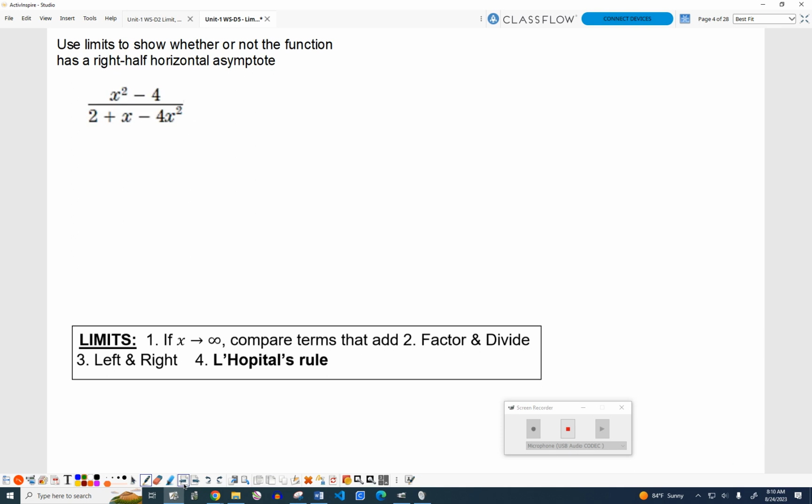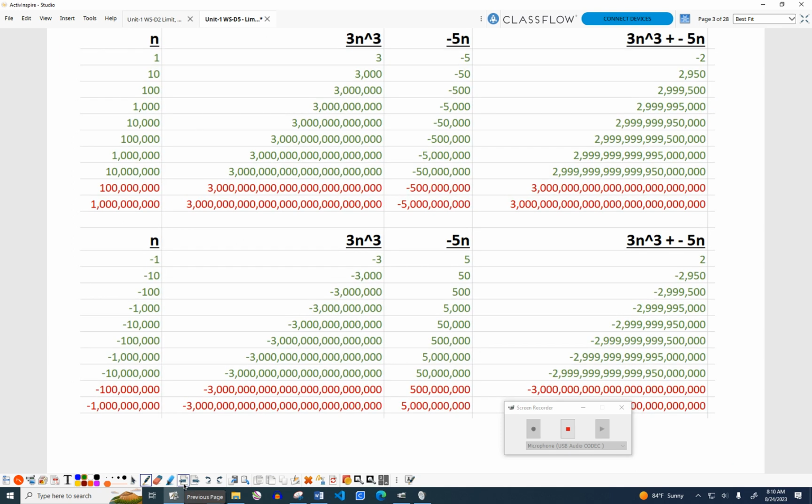So here's a spreadsheet showing that idea. I'm taking a value, like just n plus 3n cubed minus 5n, and I'm making n get more and more negative. It shows n becoming very, very negative.